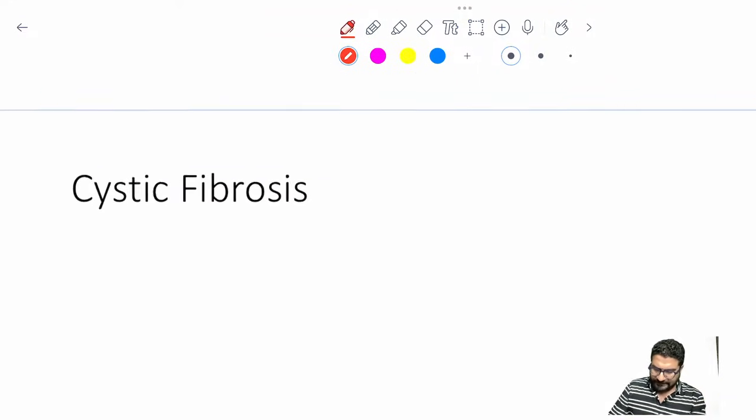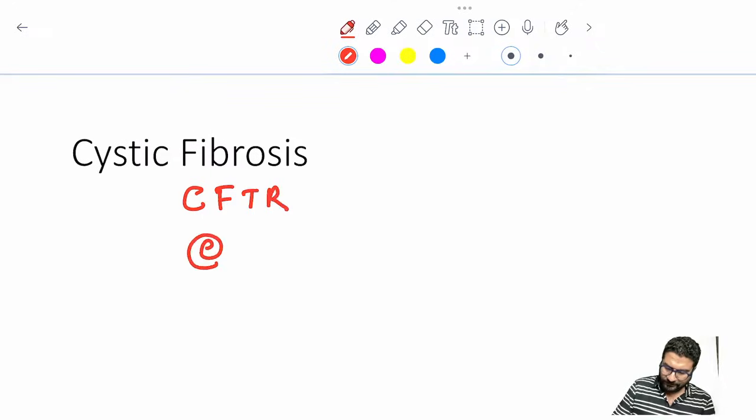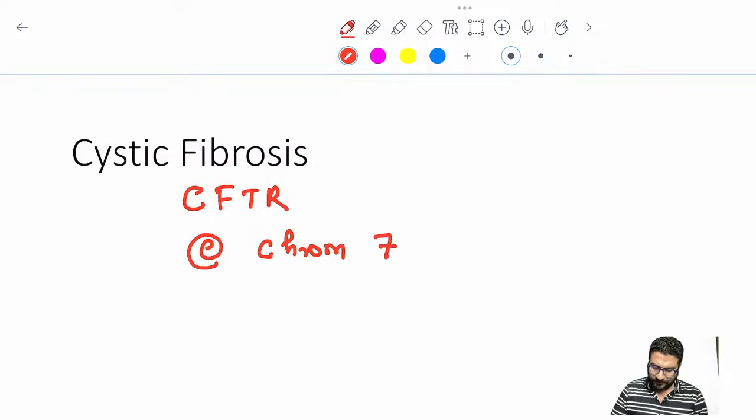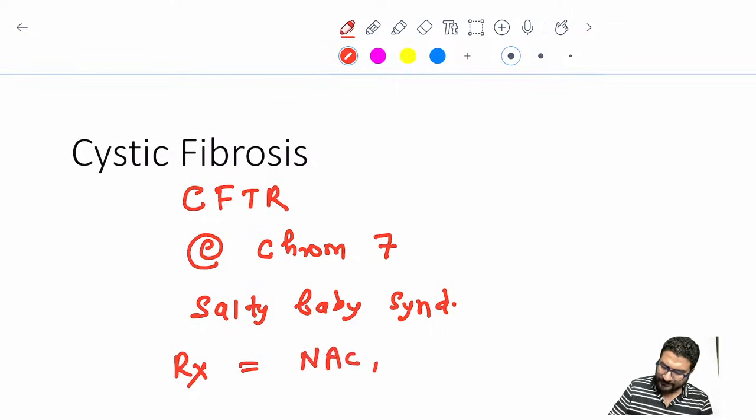Okay, now moving to cystic fibrosis. From cystic fibrosis, just remember what they ask you. They ask you it is due to CFTR gene mutation at chromosome 7. Then understand this thing, it's a disease, we also call this salty baby syndrome. For management, what we give: N-acetylcysteine, and we have a new drug.